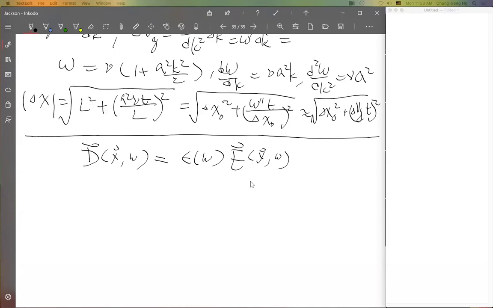So this is what we mean by a dielectric constant being frequency dependent. Right now we are restricted to this epsilon that depends only on omega, and this is in Fourier space, or the frequency space.